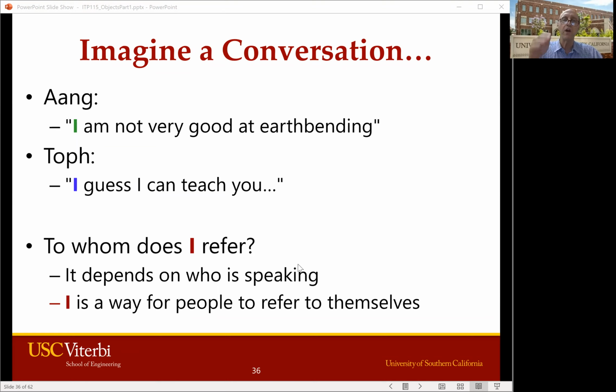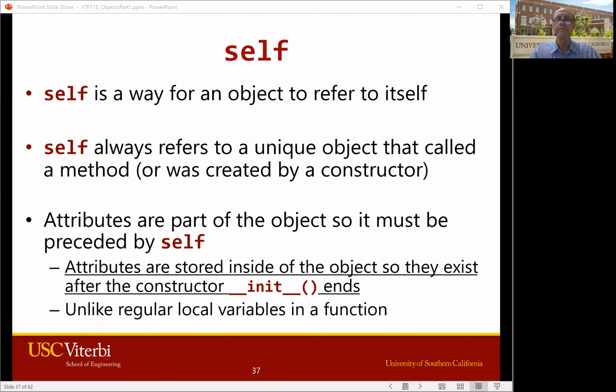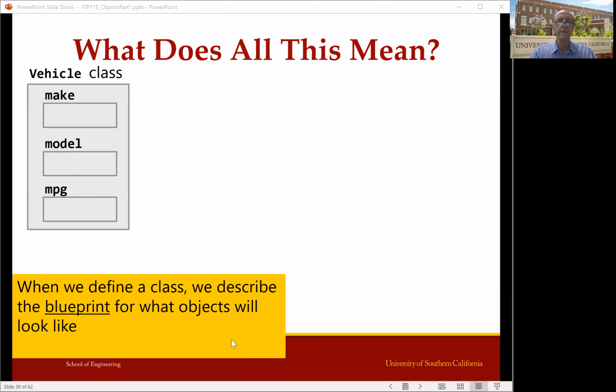Self means the code that you're running, the object that that code is in. And whenever you talk about attributes in an object, you have to say self to refer to that attribute instead of our old way of talking about variable names.